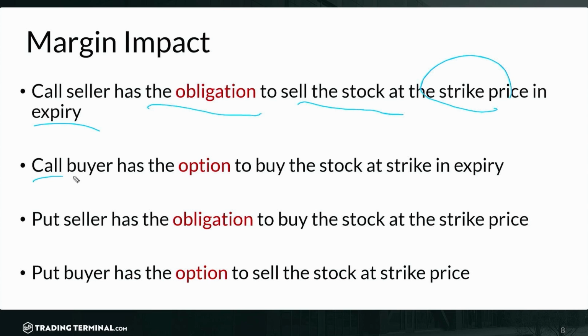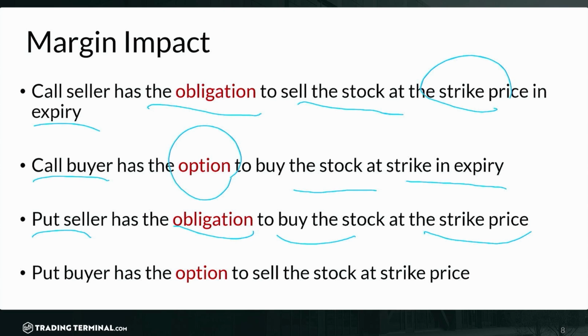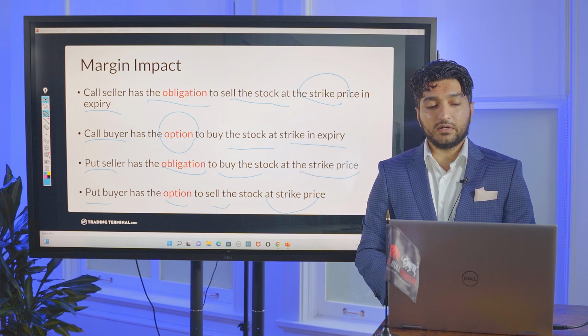When you're a call buyer, you have the option to buy the stock at strike at expiry. When you're a put seller, you have the obligation to buy the stock at the strike price at expiry. And when you're a put buyer, you have the option to sell the stock at the strike price at the time of expiry. Do you see a pattern here?